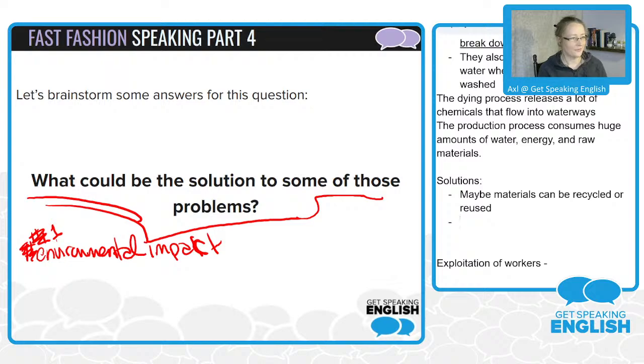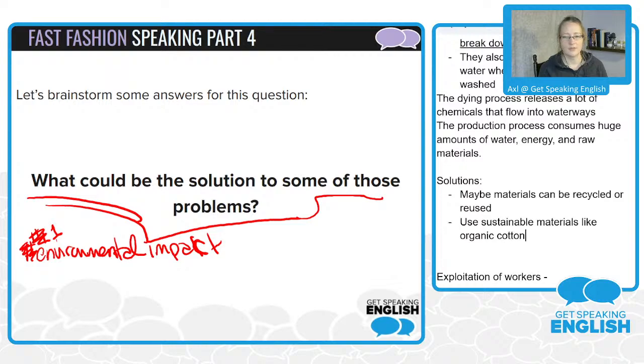And you mentioned also using sustainable materials like organic cotton or linen, right, made from natural fibers. So definitely, that's a good idea, I think, right?